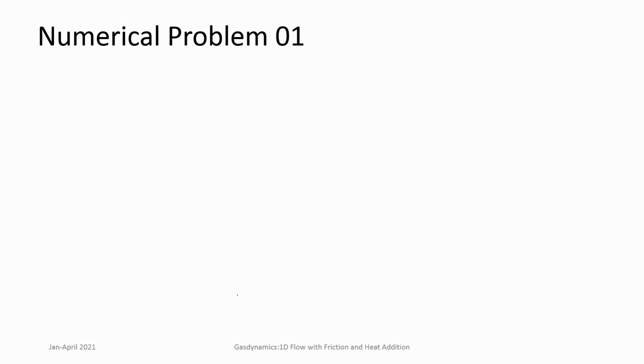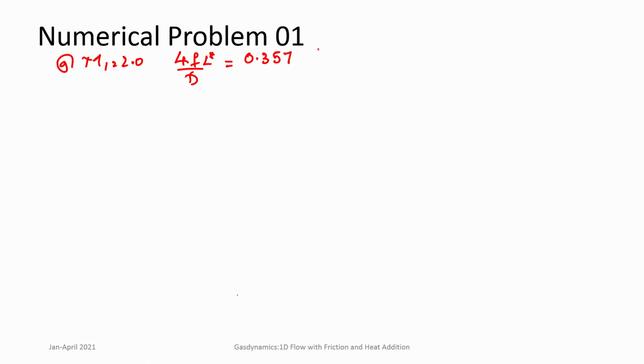What we should find out is L1. At Mach number M1 equal to 2.0, the value of 4 f L star by D is known, it is 0.357.